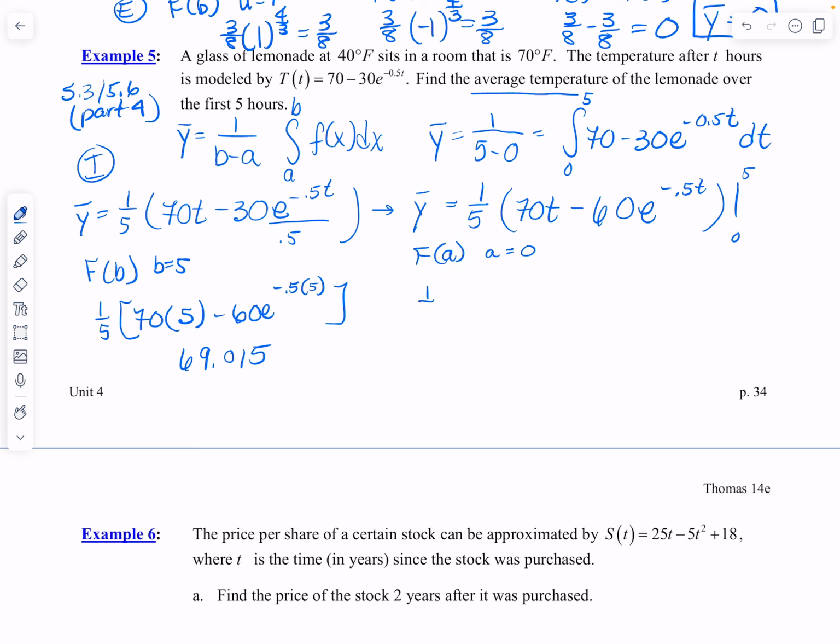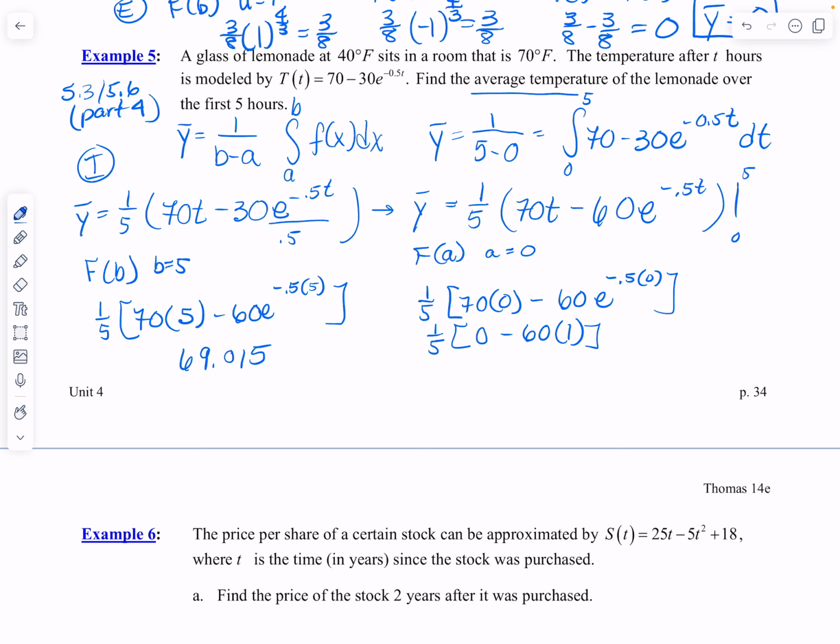Now f at a. Remember, a equals 0. So I do 1/5 times 70 times 0 minus 60e raised to the 0.5 times 0. I know 70 times 0 is 0, minus 60, e to the 0 is 1. So we get 1/5 times 60.